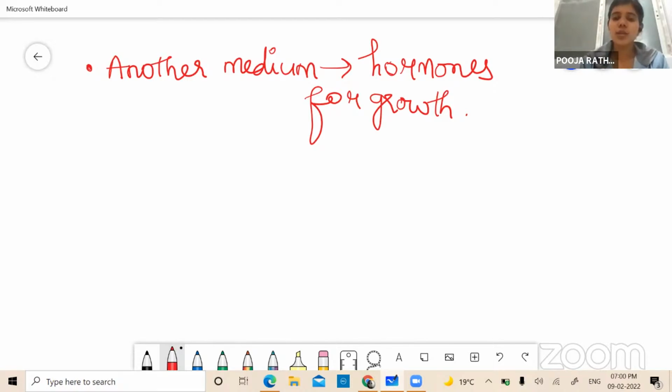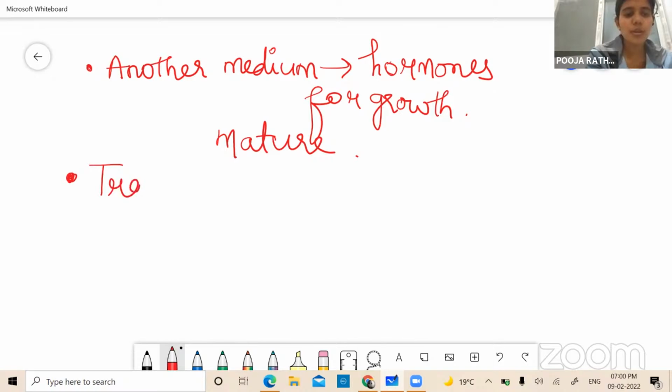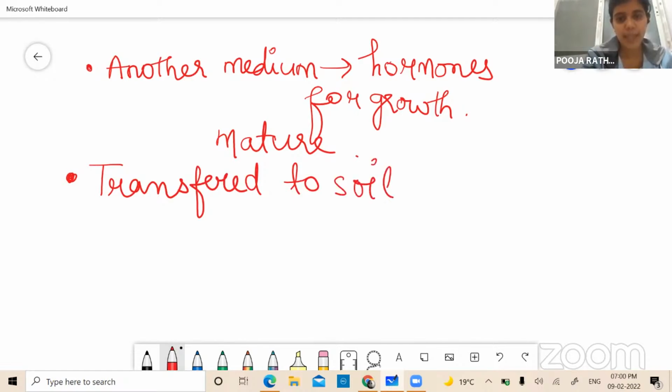After growing there, when they are mature enough to grow on their own, these daughter plants are transferred to soil, where they get full nutrition for further growth or for reproduction of other plants.